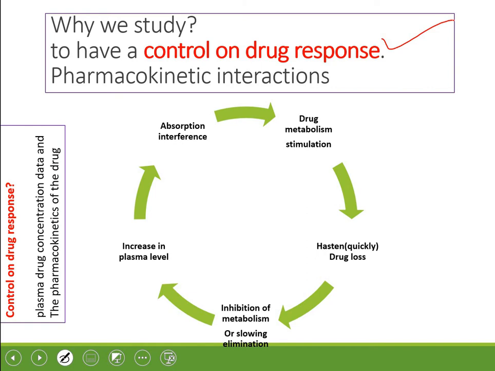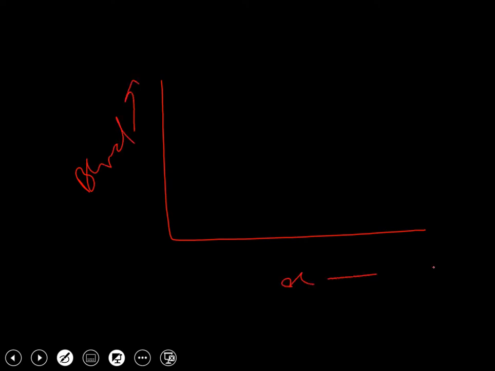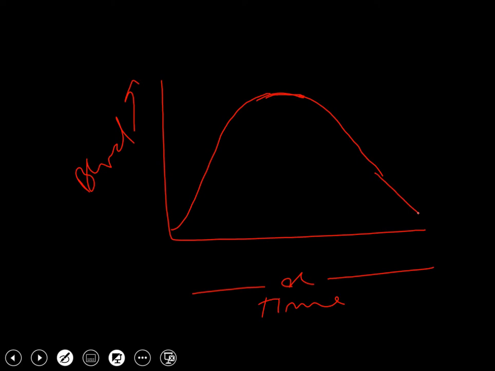For example, if I draw it for you, your other tutors might have told you that when we plot the amount of drug in the blood on the y-axis, on the x-axis we plot the time. This is called the plasma concentration time curve, and along the whole route there is absorption, then distribution, and then elimination. We cannot plot metabolism on this plot, because metabolism is a phenomenon which cannot be plotted here.